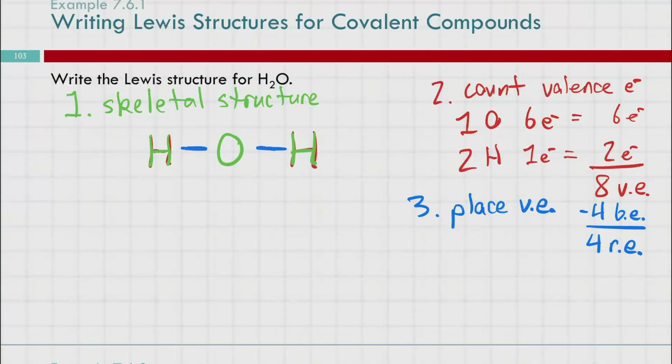So we've got 4 remaining electrons. The remaining electrons go where? With the oxygen. Our hydrogens have their full duet because of the 1 bond. So we're going to add our last 4 electrons onto oxygen.